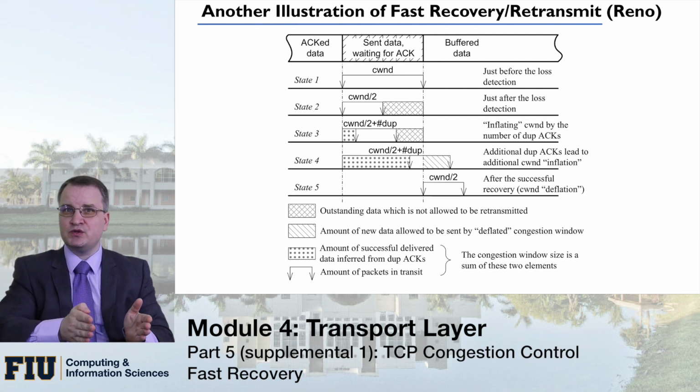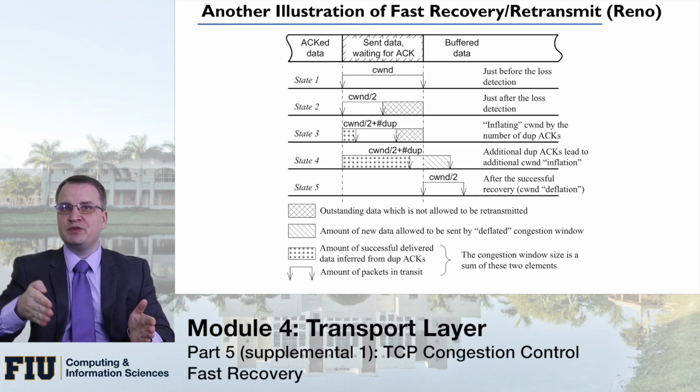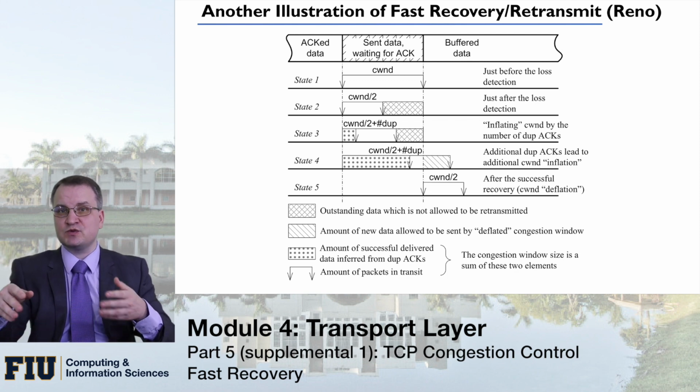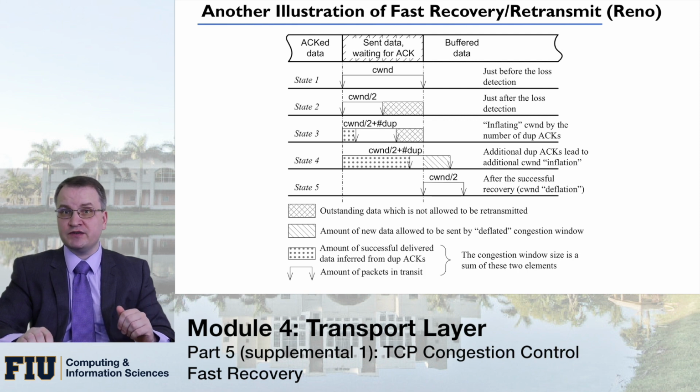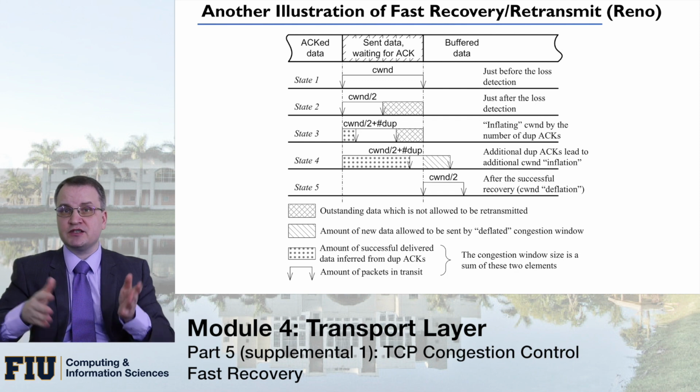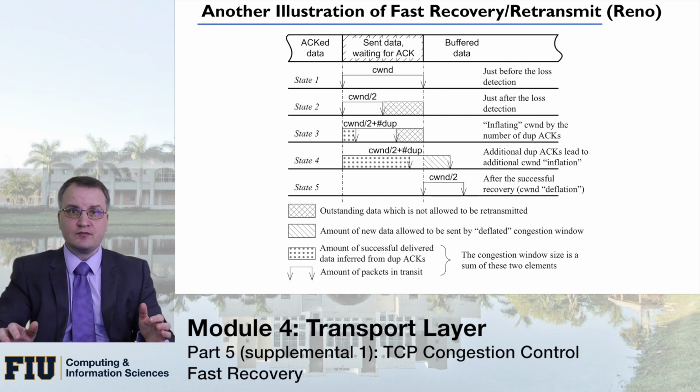At some point, your inflated congestion window goes beyond the packets you already sent out. So now you can send a few more packets to keep packets flowing inside the network and not stop sending data at all. As soon as the loss is recovered, you get back to the halved congestion window and operate normally.